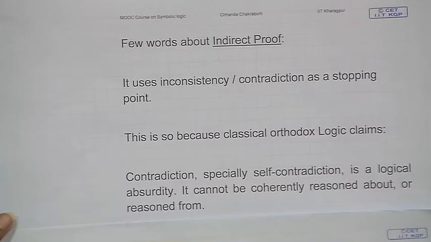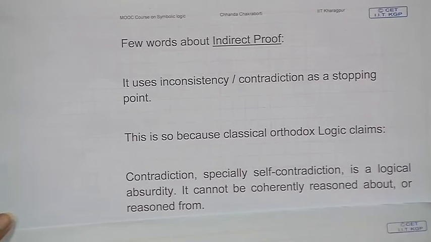So, once you reach a self contradiction, nothing can be coherently reasoned about or reasoned from. That is what this is about: there is this law of contradiction, a law of non-contradiction, in orthodox logic.